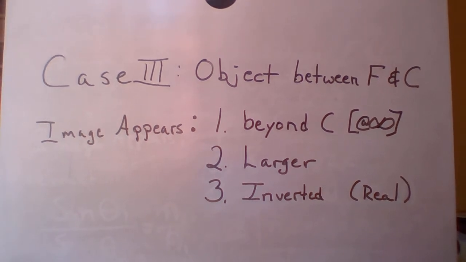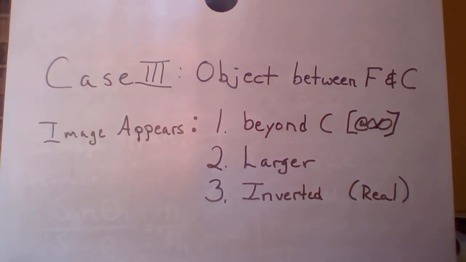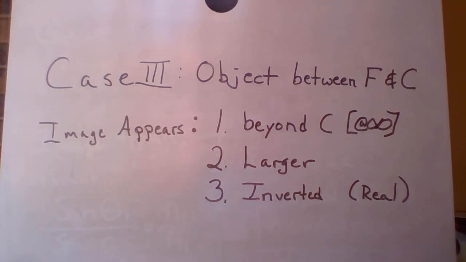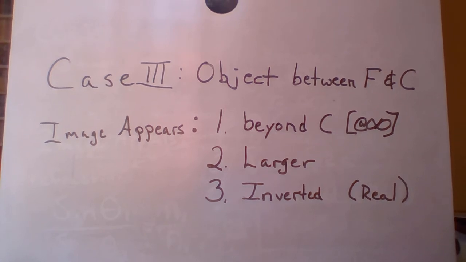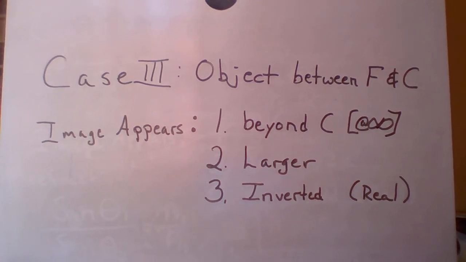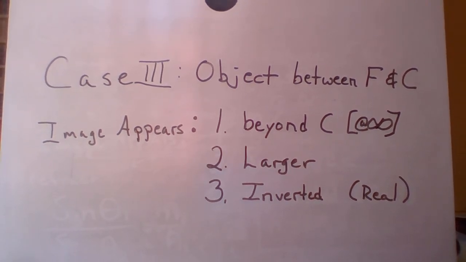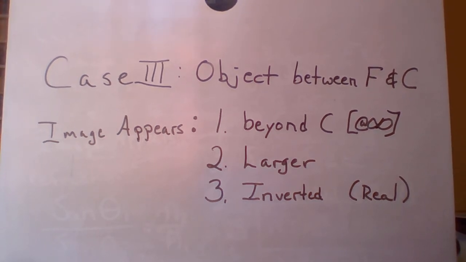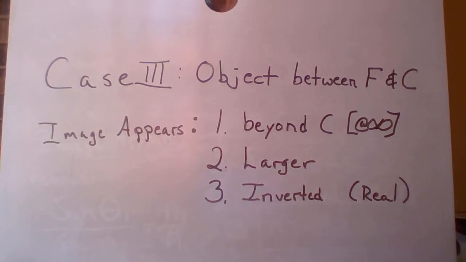For case 3, when an object is between the focus point and the center of curvature, the image is going to appear out beyond the center of curvature. Okay, and this is when you're using it to take a small object and make a real big image out in space, out in real where we are. Okay, that's what I mean by out in space.